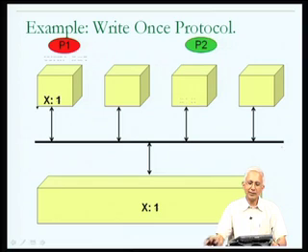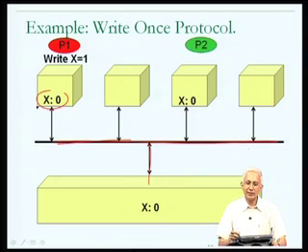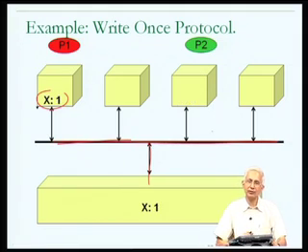The important thing is that in order to update the main memory copy, there has to be a bus transaction. And when there is a bus transaction, if all the other cache controllers in the system are monitoring or snooping on the bus, then it is possible for them to invalidate their copies of the block containing x, which is what is represented by this figure.